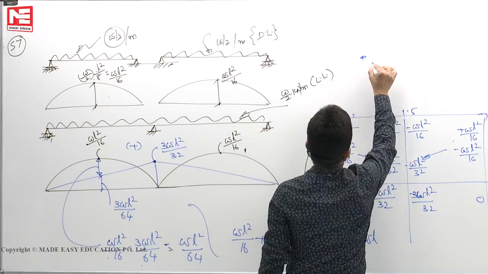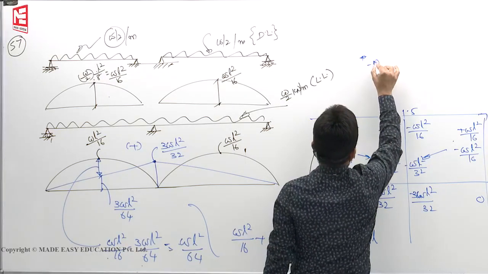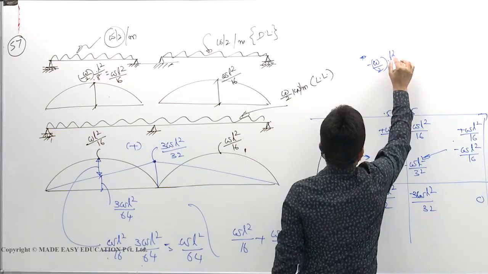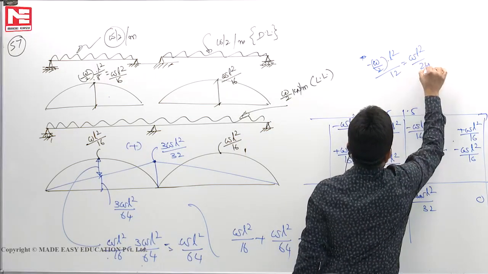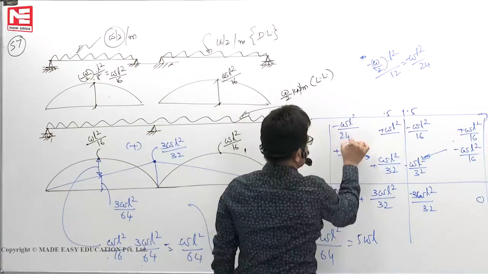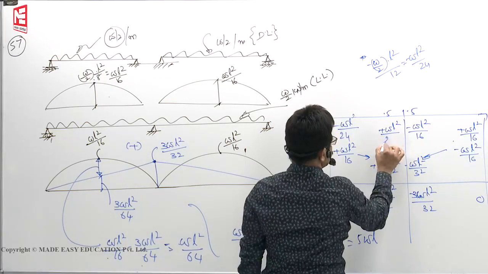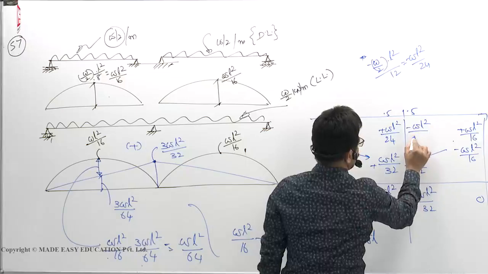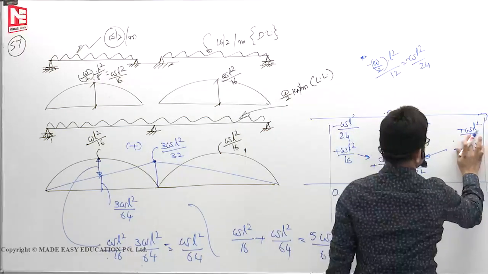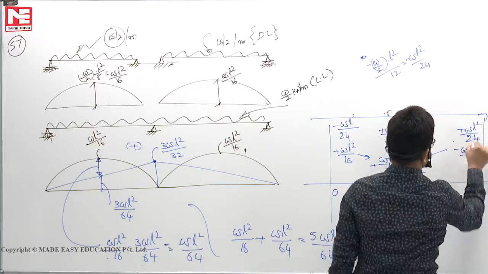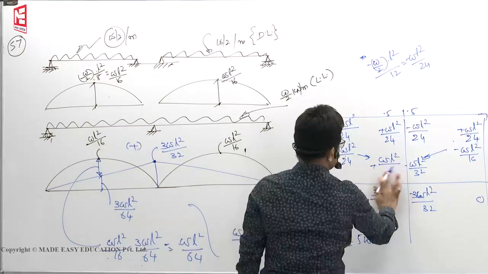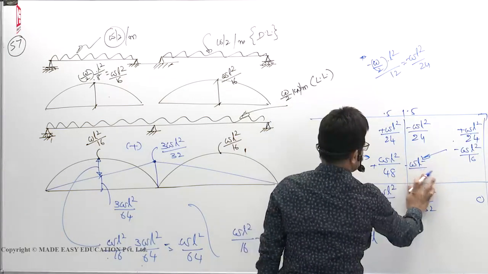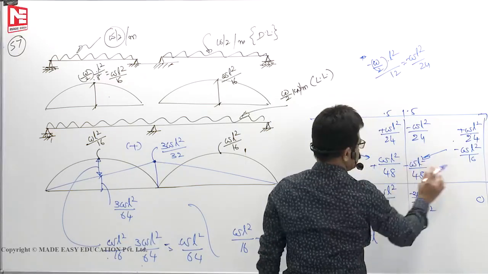Fixed end moment is minus, W means W by 2, WL square by 12. So WL square by 24 minus WL square by 24 plus WL square by 24 minus WL square by 24 plus WL square by 24. So release 24, now this will become 48, minus WL square by 48.